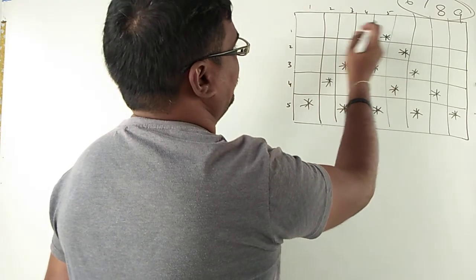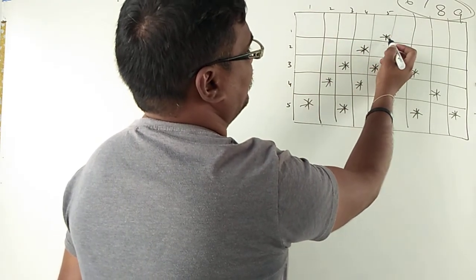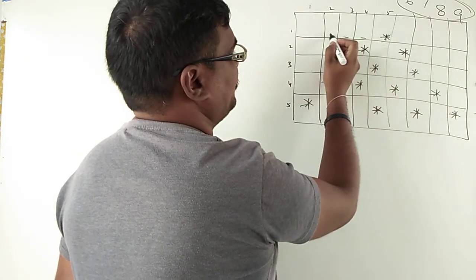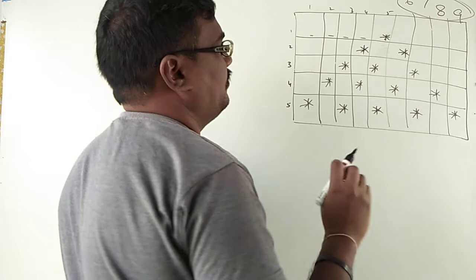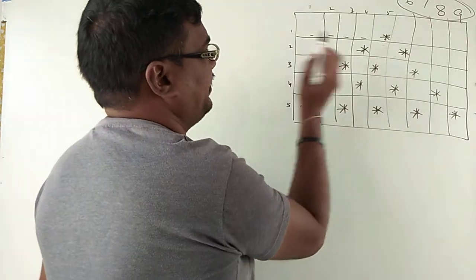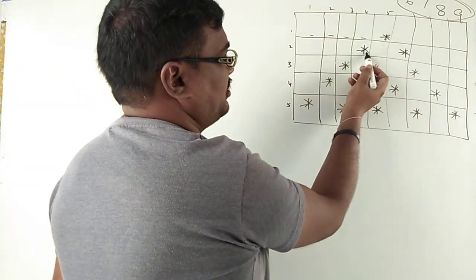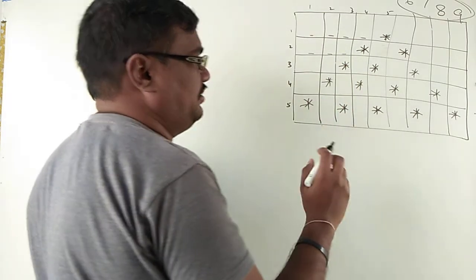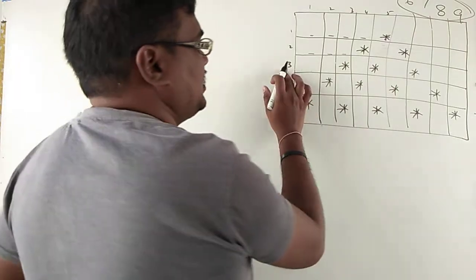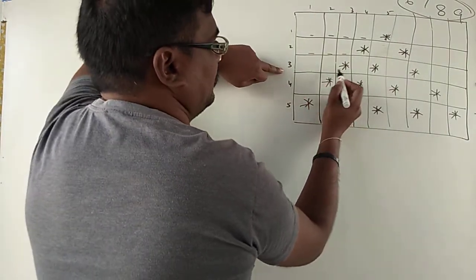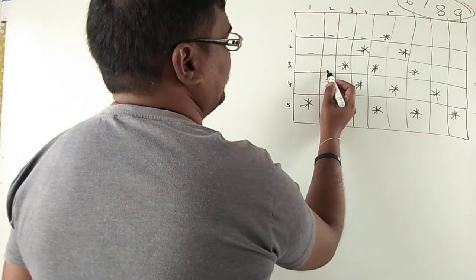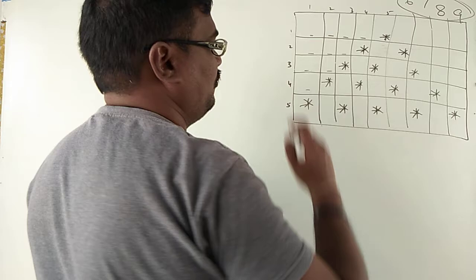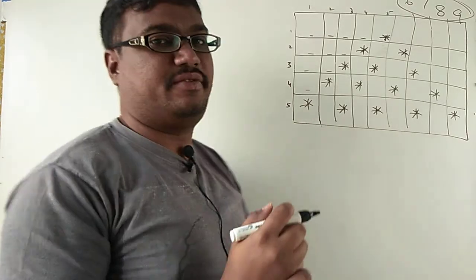In the first row, before the star, you must display 4 spaces. In the second row, before the star, you display 3 spaces. In the third row, you must display 2 spaces. In the fourth row, 1 space is enough.